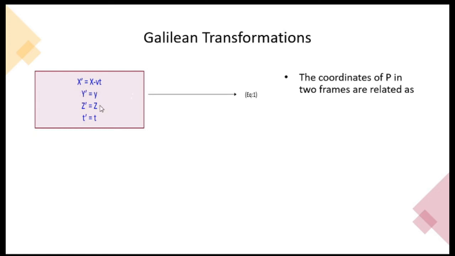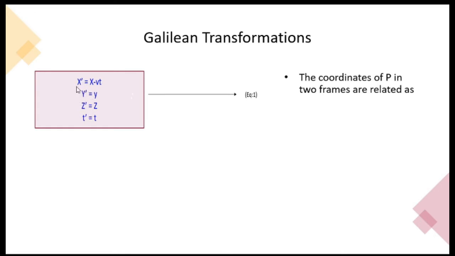What about the other coordinates? We have y dash is equal to y, z dash is equal to z, and t dash is equal to t. Now see, why is there a change in the x coordinate while the y and z coordinates have remained the same?